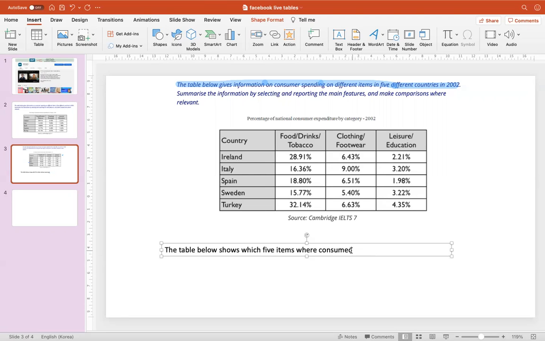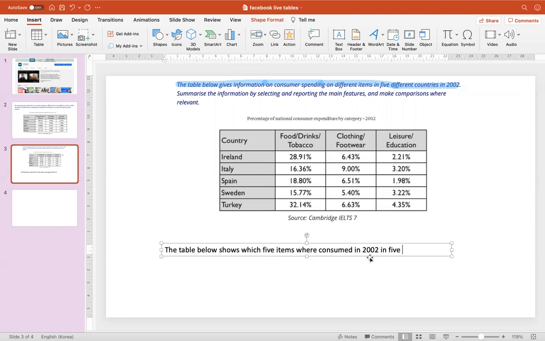It's not really consume most. It's just consumed, because it's not saying most or least, really. Consumed in 2002 in 5 different countries, something like this. So the table below shows which items were consumed in 2002.